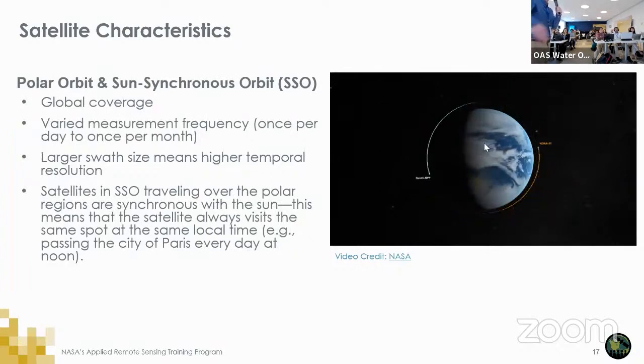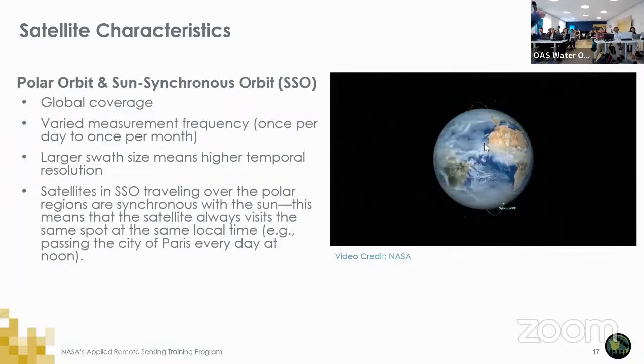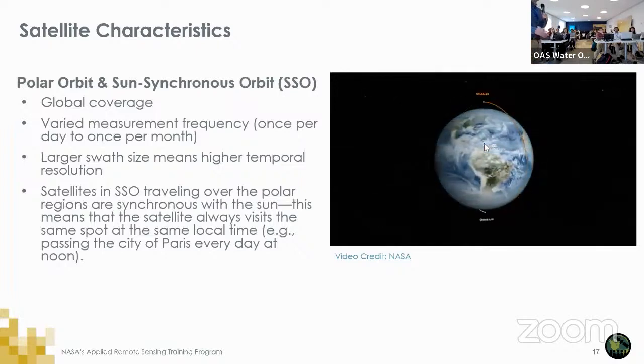The important thing about the sun synchronous orbit is, and I'm sure a lot of you have done this in your own professional lives, if you're going to collect data on something, you want it to be consistent, right? You want it to be at the same time so that you're constraining anything that might be contributing to that.